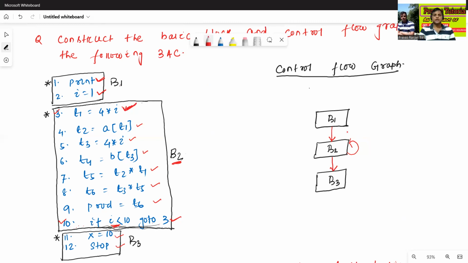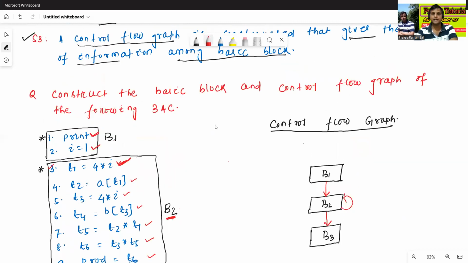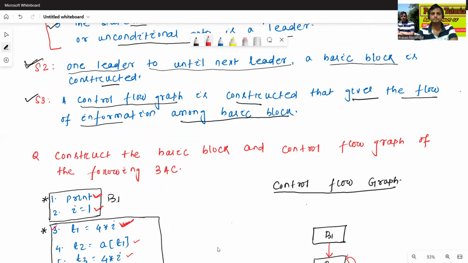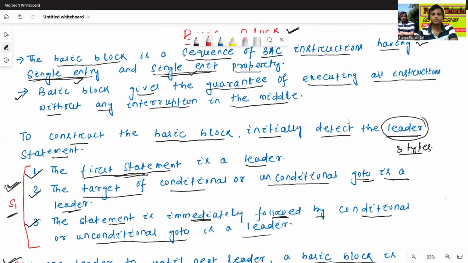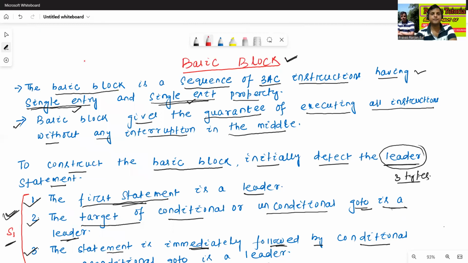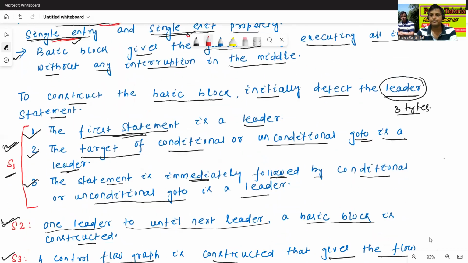Okay. So see, try to understand the definition again. What is the definition? The basic block is a sequence of 3 address code instructions having single entry and single exit property.